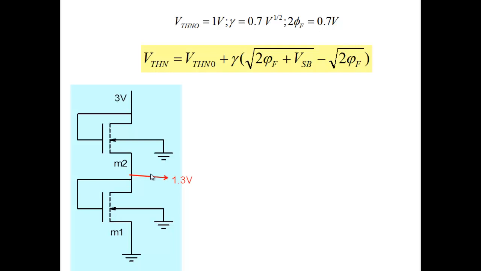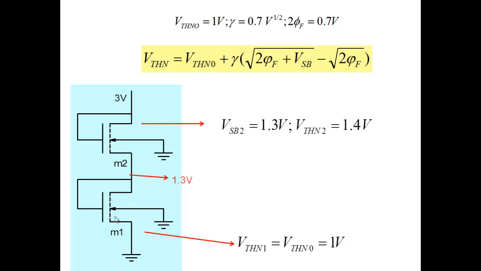Well, think about it. If this is 3, this is 1.3 here. So what I'm trying to show is, these are results from calculations. For this one, VTHN is 1 volt. For the second transistor, the threshold voltage is 1.4.